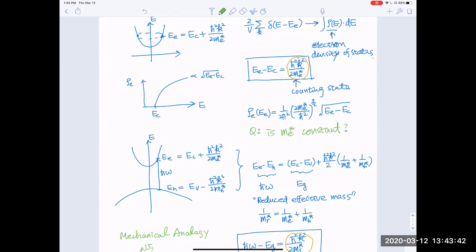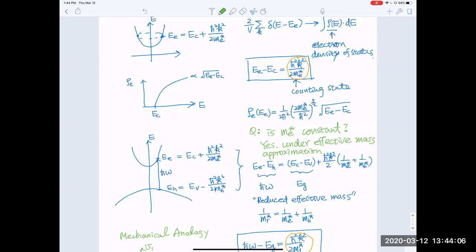Well, yes, under the effective mass approximation. These are basically the approximation assumptions. Under this assumption, the whole band just has a constant m_e star.